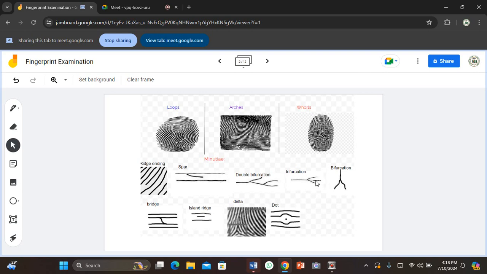Now these are some of the features that you see inside every fingerprint, maybe loop, maybe arch, maybe whorl. These are the features, the characteristics that you see there. We call them minutiae.